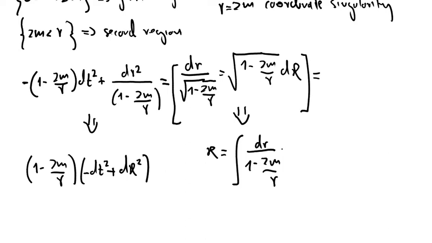You can just check that the result of this integral is given by this expression. And by looking at this expression, we realize that big R varies within an infinite range.